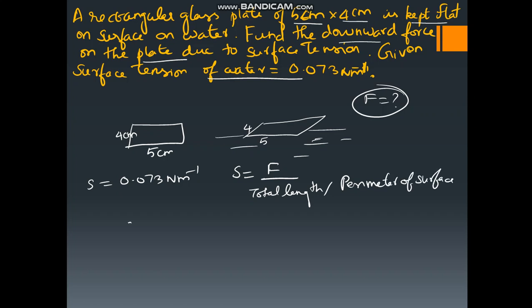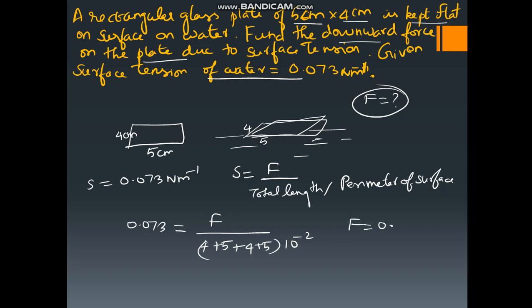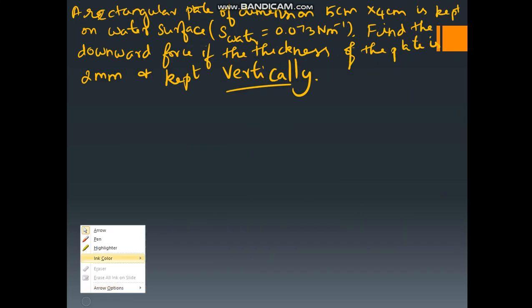So 0.073 is equal to force divided by perimeter. For this rectangular plate, perimeter is (4 plus 5 plus 4 plus 5) into 10 power minus 2. The force comes out to be 0.01314 Newton.